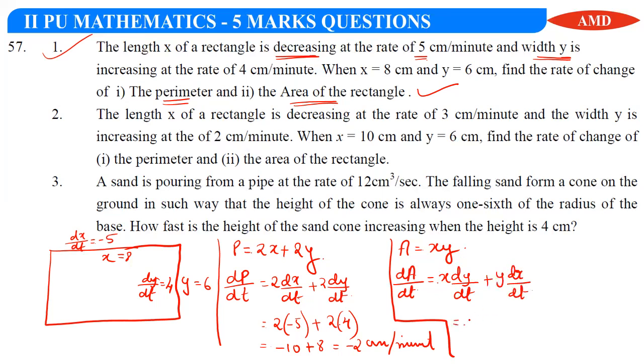This is equal to x is nothing but 8, they have given us here. X is 8 into dy by dt is 4 plus y is equal to 6 into dx by dt is minus 5. This is equal to 32 minus 30, which is equal to 2. Since it is the rate of change in the area, square centimeter per minute. This is how we should be answering it.